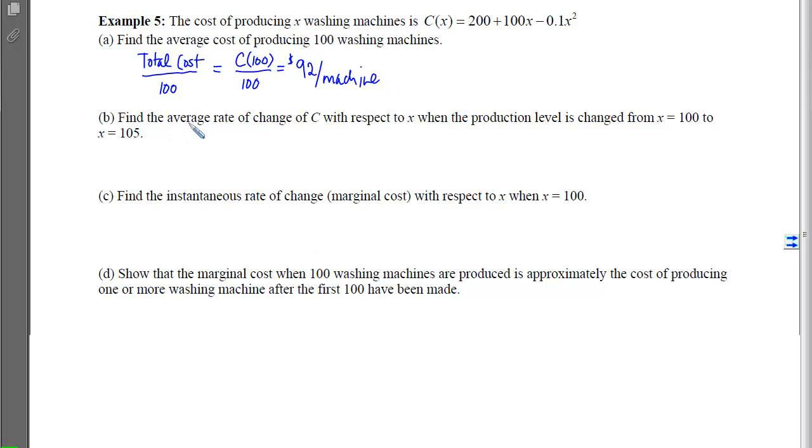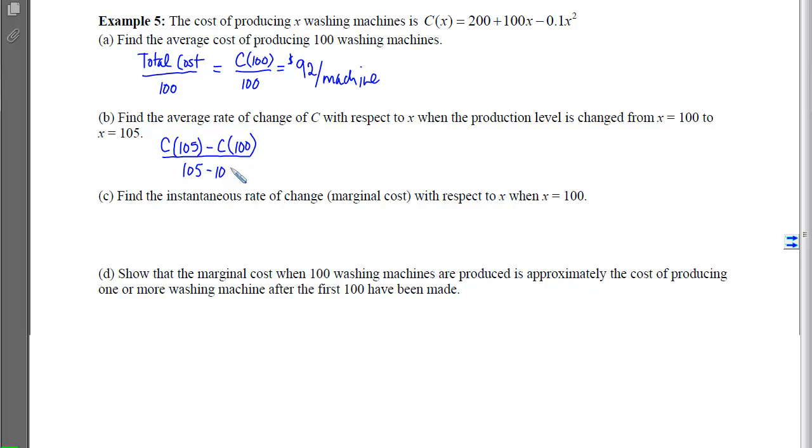Part B says find the average rate of change. Now we're looking at a secant slope with respect to x when the production level changed from 100 to 105. That average rate of change would be the cost of making 105 minus the cost of 100, over 105 minus 100.